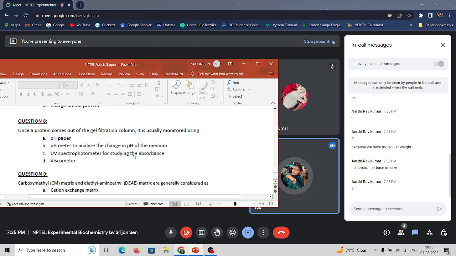Question number 8 says, once a protein comes out of the gel filtration column, it is usually monitored using. So which of these we can use for the monitoring process?